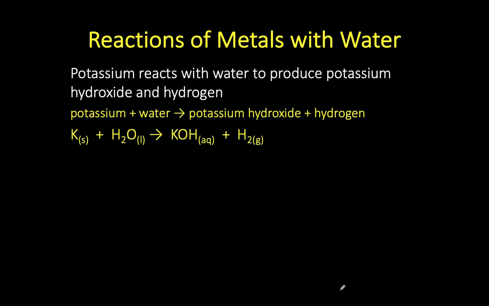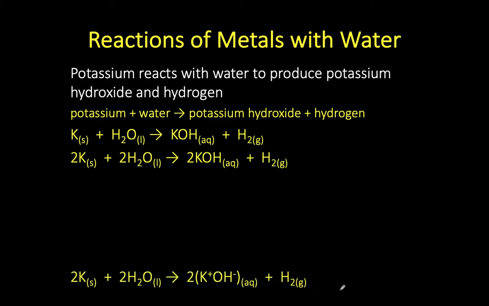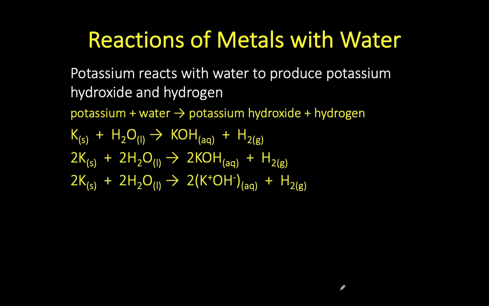So potassium at room temperature is a solid, water is a liquid, and when they react together, they produce potassium hydroxide in solution and hydrogen gas. The balanced equation: 2K plus 2H2O gives 2KOH plus H2. And our balanced ionic equation, all we have taken out here is our metal hydroxide, and we have given the ionic formula for that.